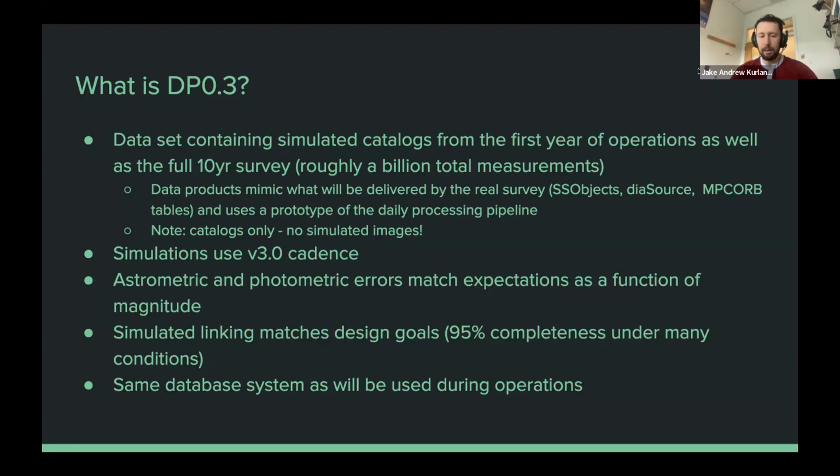We've also performed simulated linking, so to identify solar system objects, instead of running the real in-development linking pipeline, which would take a huge amount of compute time, we've simulated linking to exactly match the design goals, which is a 95% linking rate, given a set of conditions that we'll talk about later.